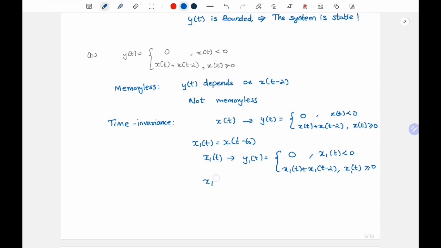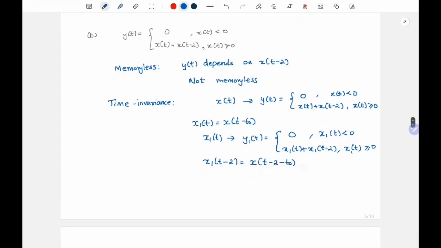So x1 of t is given and we need x1 of t minus 2. This is nothing but x of t minus 2 minus t naught. So now we can write y1 of t as 0 for x of t minus t naught less than 0. And here it is x of t minus t naught plus x of t minus 2 minus t naught. Correct?